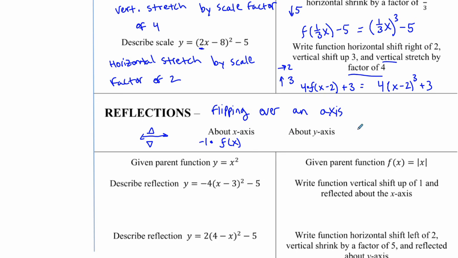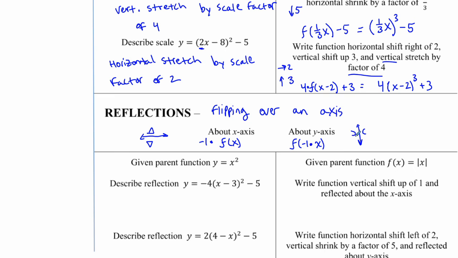Okay. Flipping over the y-axis, that's a horizontal flip. In order to flip over our vertical line, we're flipping horizontally. So I would be multiplying by a negative inside of my function.